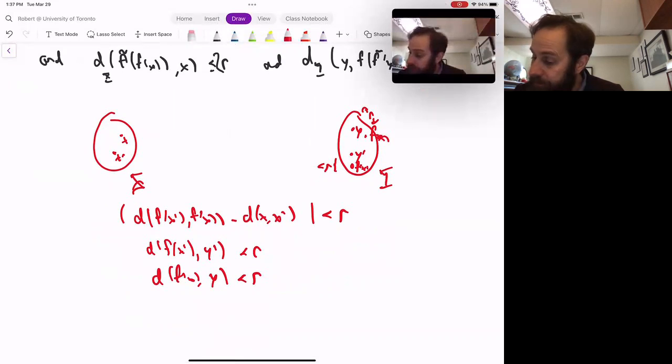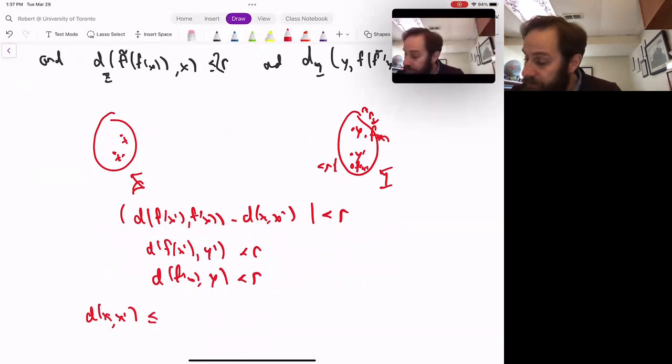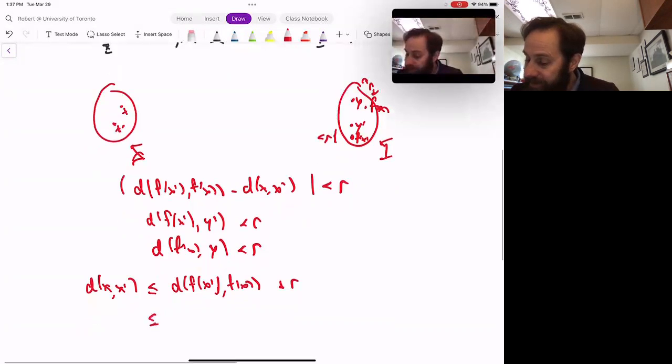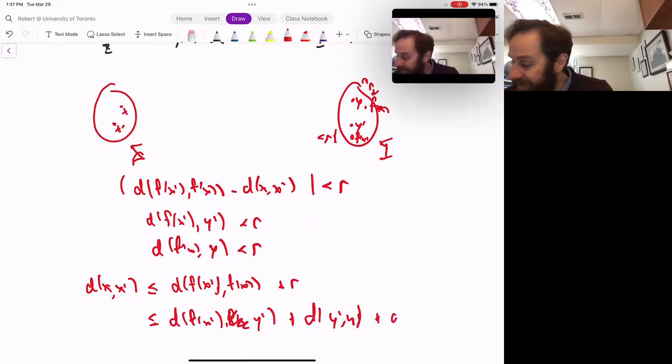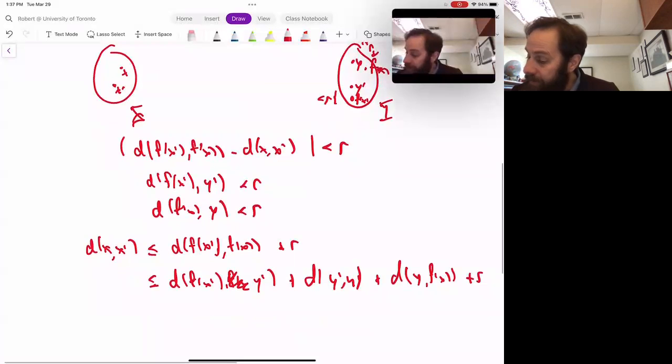And so finally, I get that the distance between X and X prime is d(F'F(x)+R) but that's less than d(Fx', Y prime) plus d(Y prime, Y) plus d(Y, FX) plus R. And so that's all less than 3R plus d(Y prime, Y).